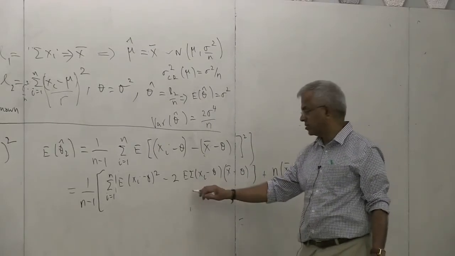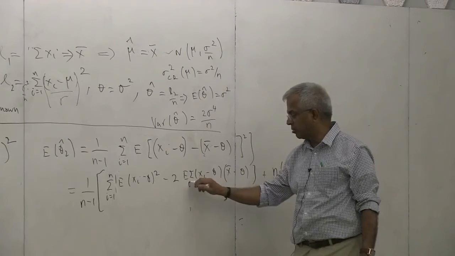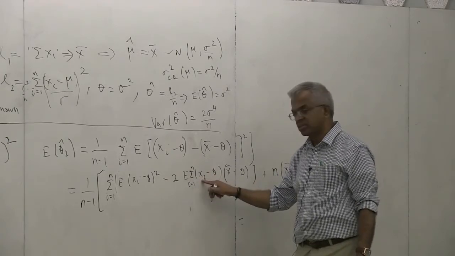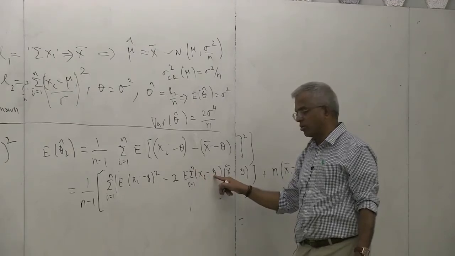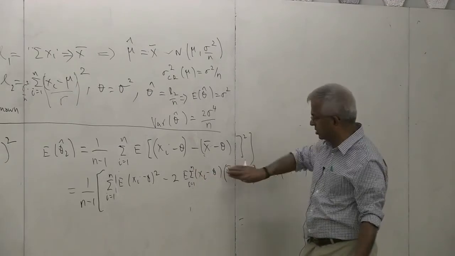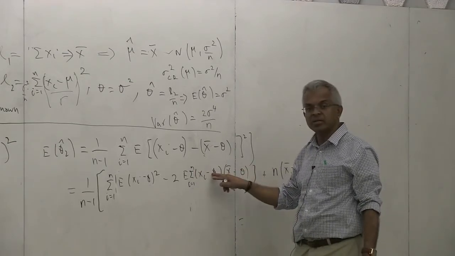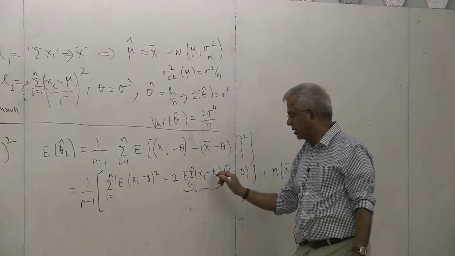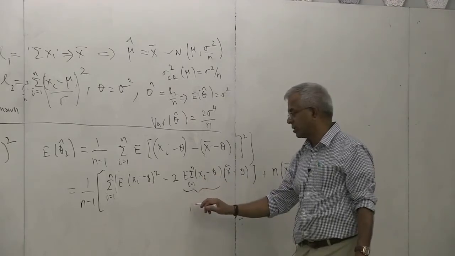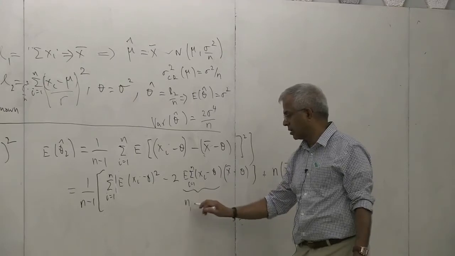Let me simplify this. Look here. This summation is on i equal to 1 through n, so that will give you sigma xi minus theta. There is no summation here, so this is like a constant with respect to the summation. When the summation acts here, you get n. Let me pull n outside. So can't I write it like this?